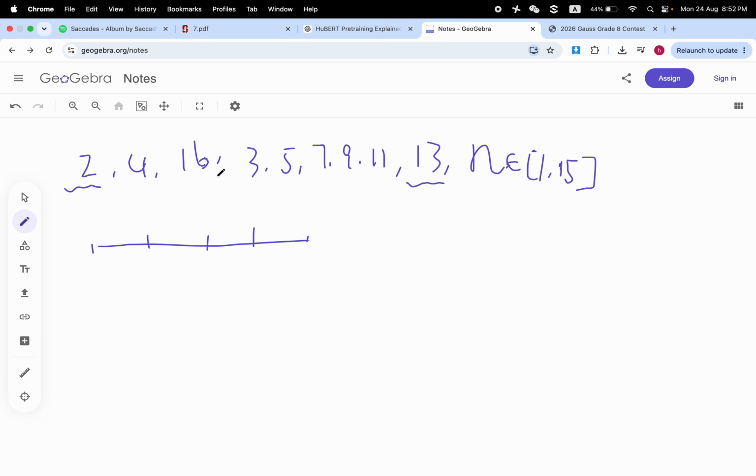So 16 is actually the largest one. It is guaranteed to be the largest one among all these values. So it should be the total length here. So total is 16. Actually, this is sort of useless, but anyways, I just mark it with a color. So this is total, right? That's it. And what else?